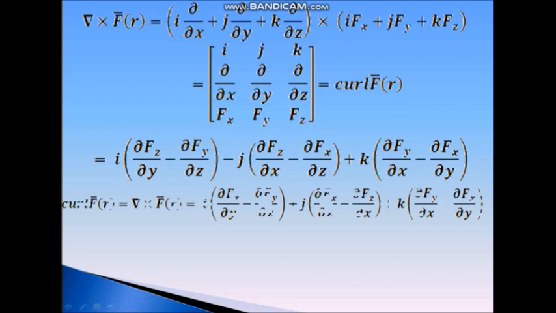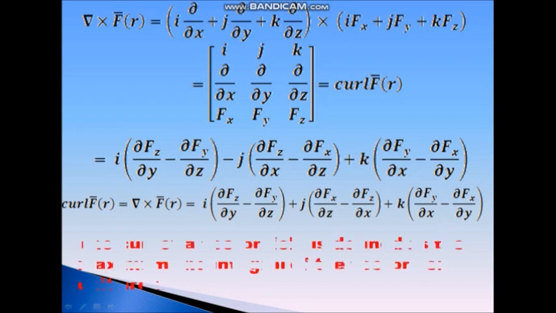Now the curl of f of r, del cross f of r, is i dou f of z by dou y minus dou f of y by dou z, plus j into dou f of x by dou z minus dou f of z by dou x (here we change the order of these terms), plus k into dou f of y by dou x minus dou f of x by dou y.